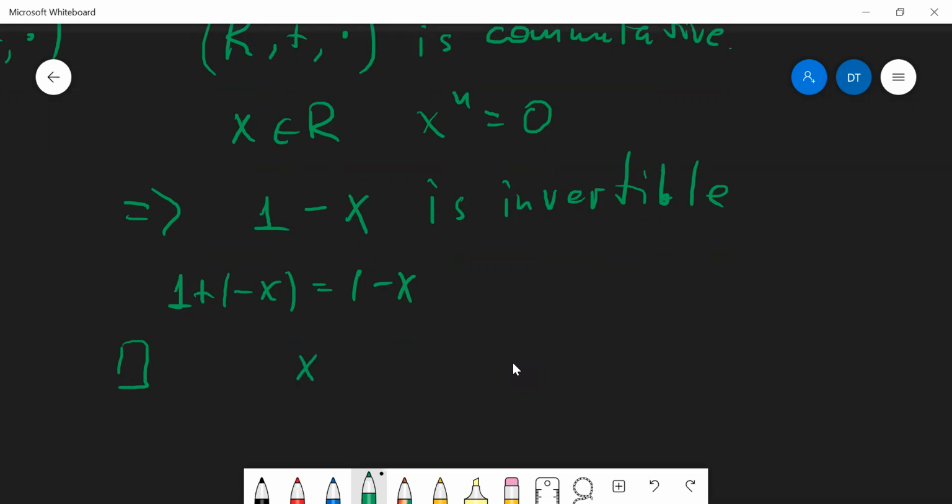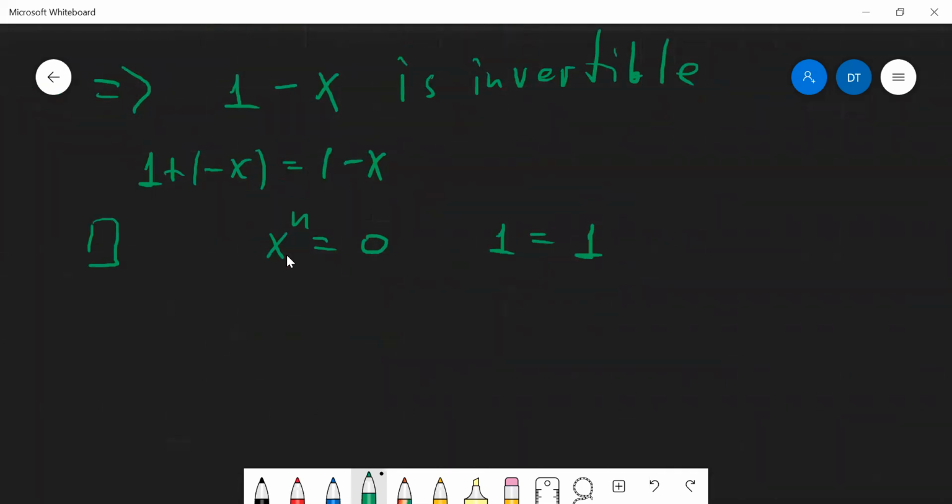So we have this equality, and we have this equality, 1 equals 1. Let's subtract x to the n from the left-hand side of this equality. Then we have 1 minus x to the n equals 1, because x to the n is just 0.